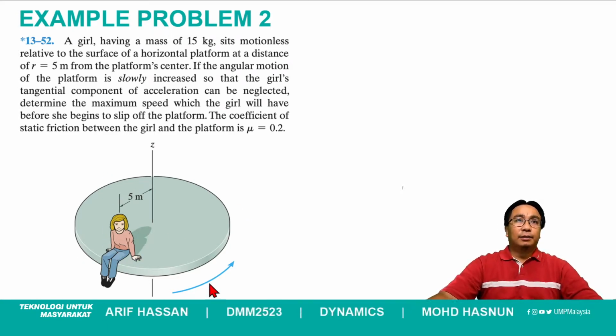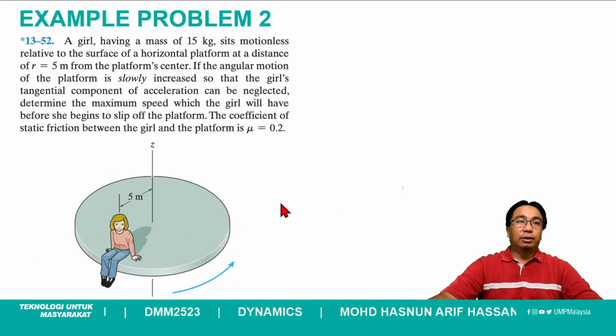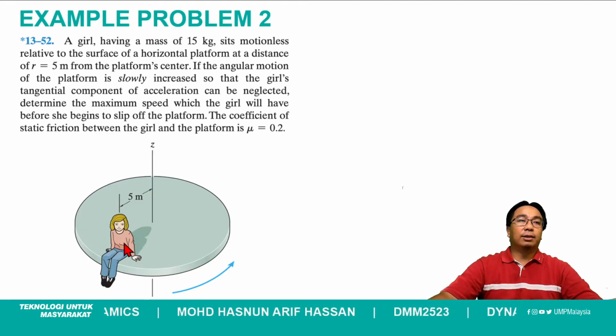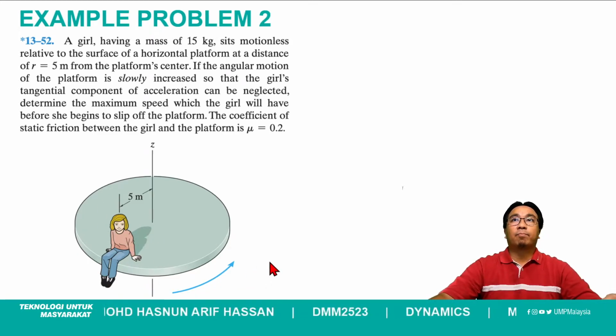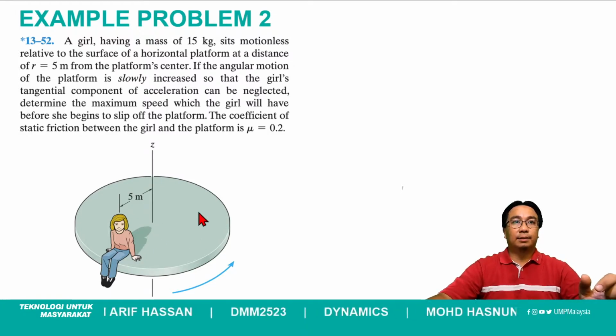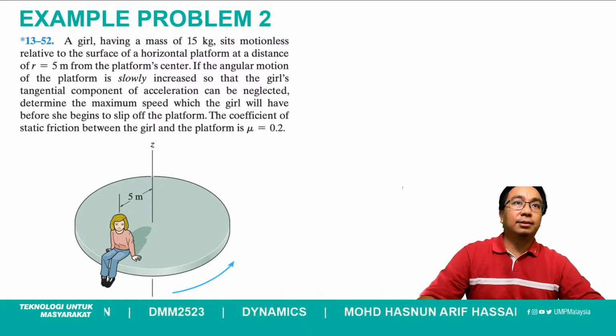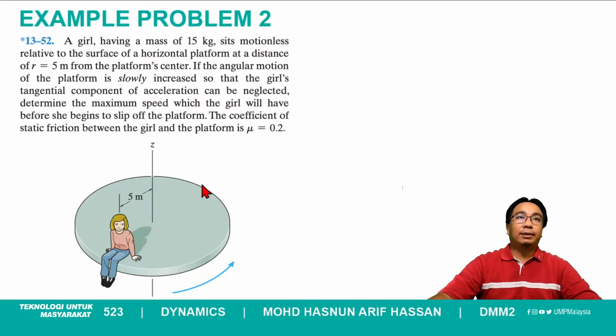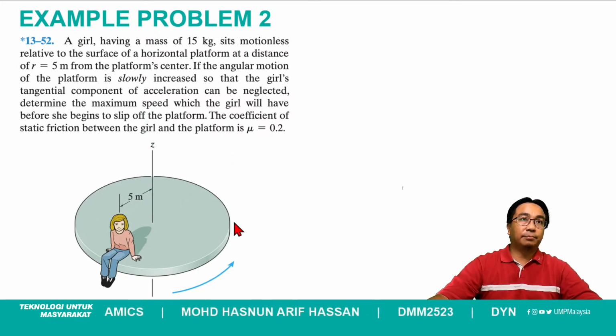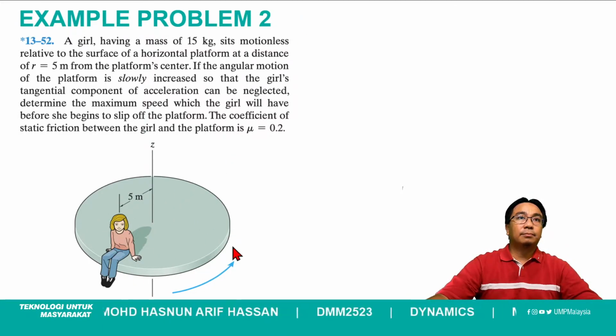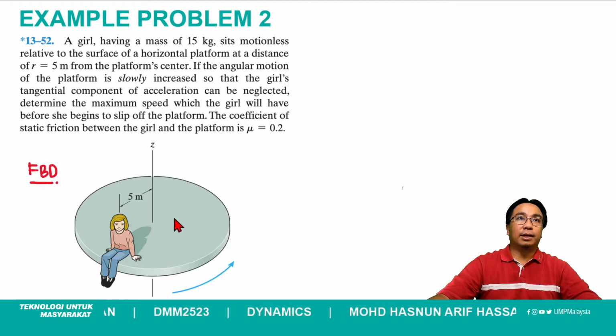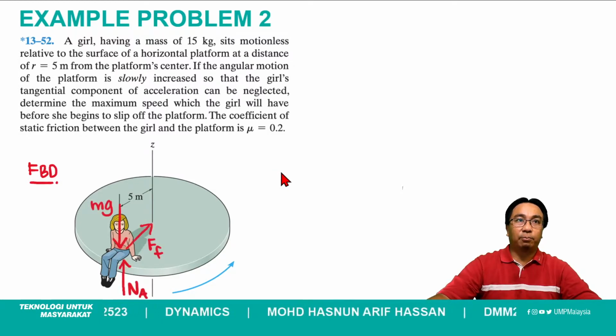Okay, so first let's draw the free body diagram. What are the forces acting on the girl? Anyone? What are the forces that are currently acting on this girl? Weight. Weight, good. Of course, there is a weight. So let's draw the free body diagram.